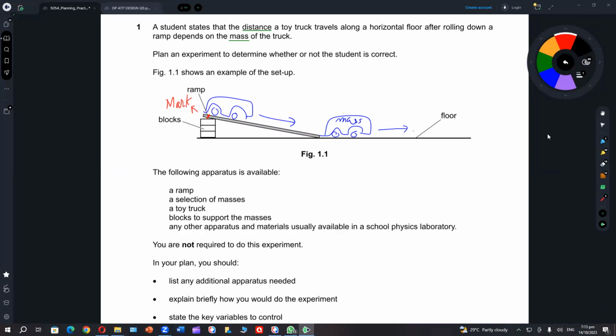The purpose of the red mark is to keep the starting position constant. I will allow the toy truck to go down, and it will reach the floor and travel. Suppose it stops at some position, say P.